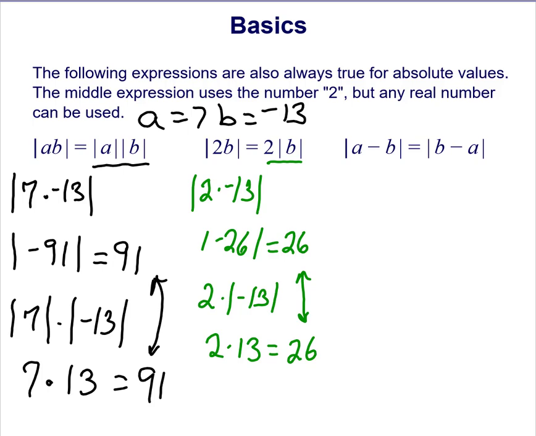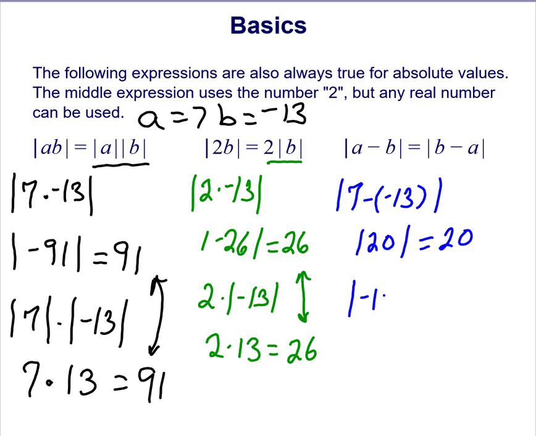Let's consider our last example. The absolute value of a minus b is equal to the absolute value of b minus a. So let's take a is 7 minus negative 13. So 7 minus negative 13 is a positive 20. And the absolute value of positive 20 is positive 20. Now let's reverse that. Let's take the absolute value of negative 13 minus 7.